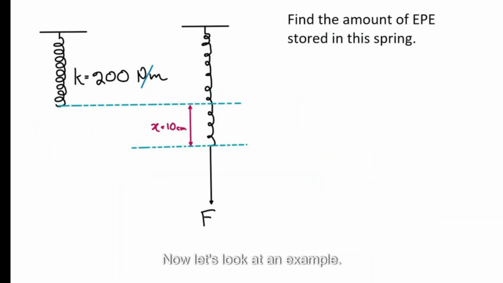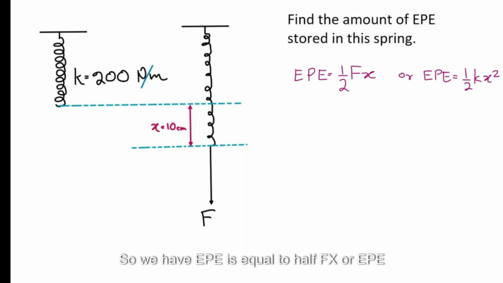Now let's look at an example. You have a spring of spring constant k, 200 newtons per meter, and you exert a force and it extends by 10 centimeters. Find the amount of elastic potential energy. So we have EPE is equal to half Fx, or EPE equals half kx squared. Now we can clearly see, I know k, I know x, so obviously it has to be the one with k and x, and not this one.